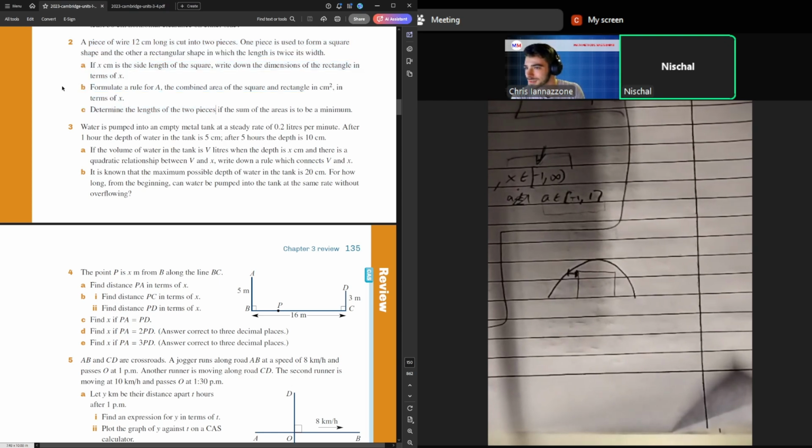Okay, question 2 looks very similar to what you've already done. Let me just see if there's anything special worth looking at there. Cut in 2 centimeters, a square, a rectangle. It's a little bit different, so let's have a look. 12 centimeters long into two pieces, so well, not 6 each.